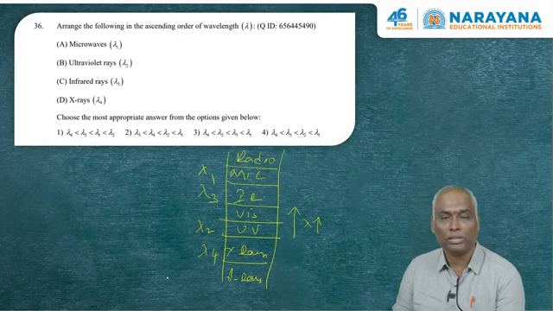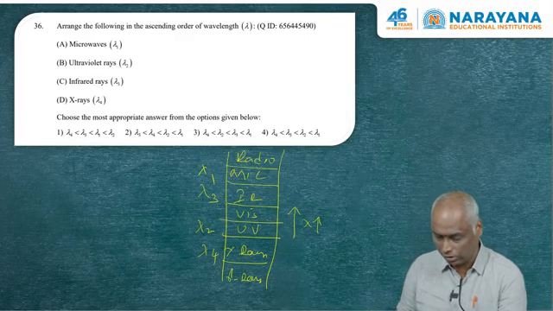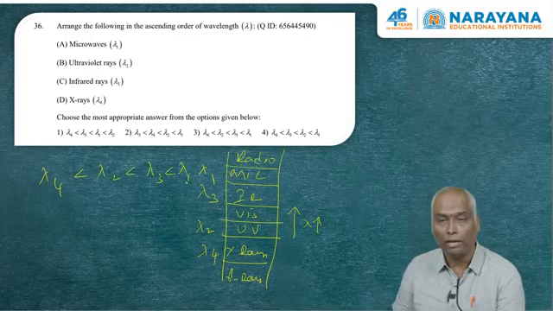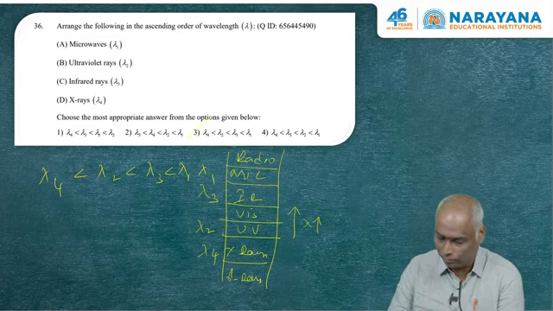Because the wavelength is increasing up this order, when you are asked to find the ascending order, I should start from lambda 4. So lambda 4 is less than lambda 2, which is less than lambda 3, which is less than lambda 1. So the order should be 4, 2, 3, 1. So it is option 3.